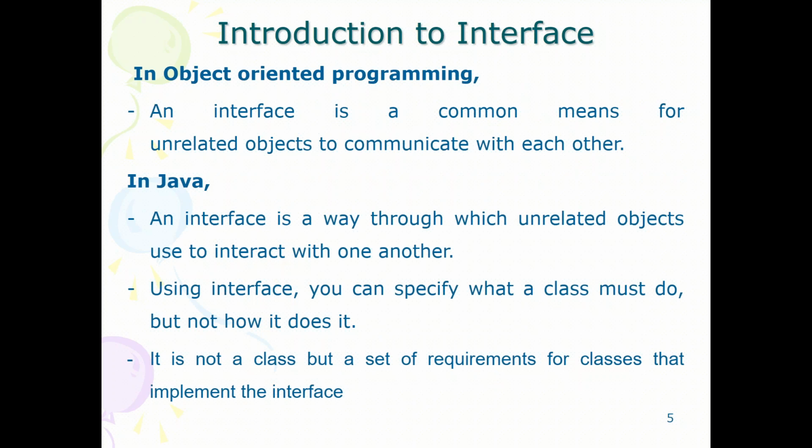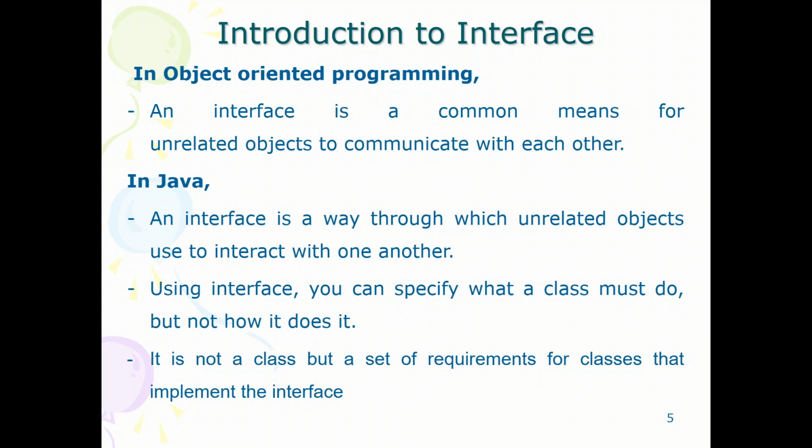Introduction to interface. In object-oriented programming, maybe it's Java or C# or Perl or whatever, we have a concept called interface. An interface is a common means for unrelated objects to communicate with each other. If two objects, like a CPU and a monitor, should communicate, there should be a connection between these two.